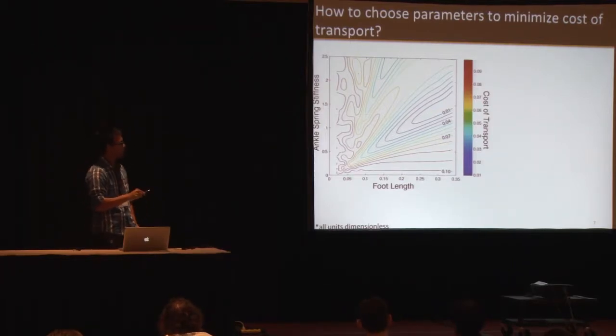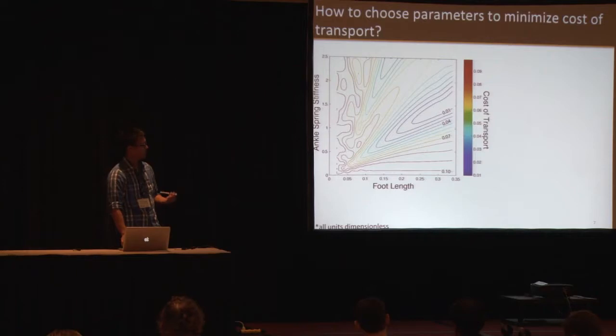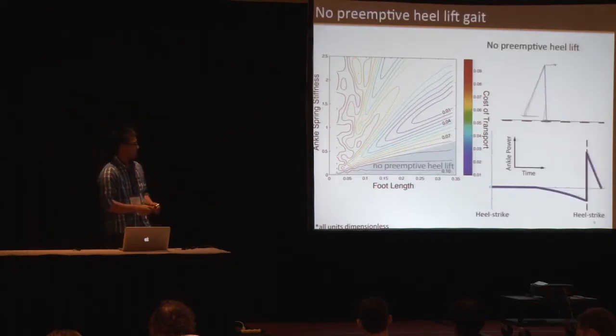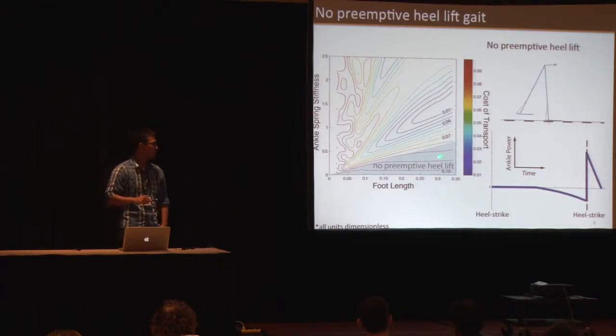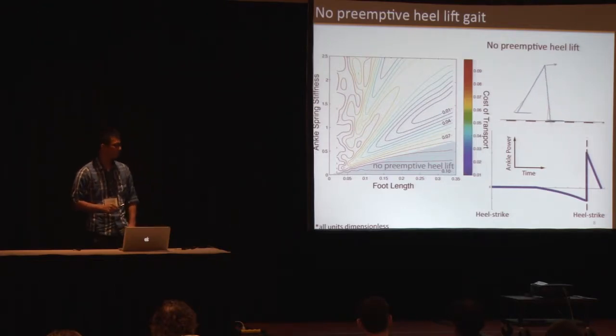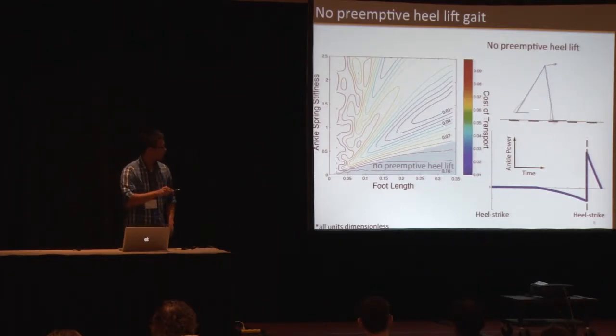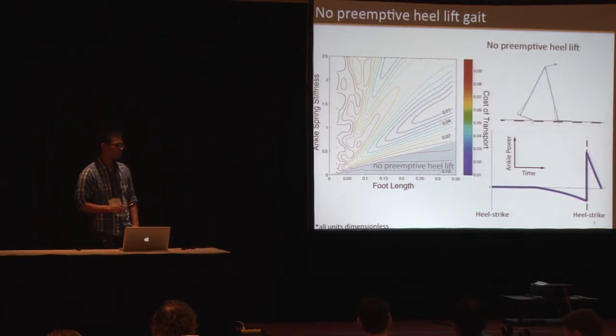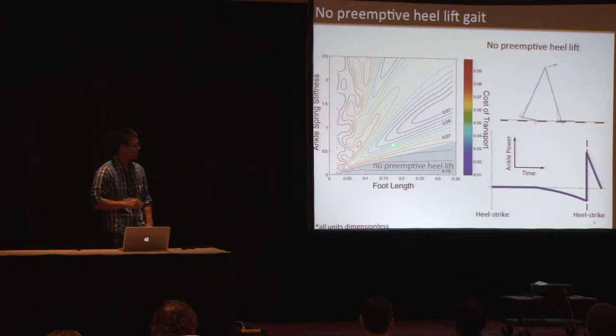Different regions of this contour represent different patterns of gait. So I'm going to tell you about the details of these patterns. The first one is this area. We call that the no preemptive heel lift gait. This is the animation, and this is the ankle joint power versus time. So what happens here?